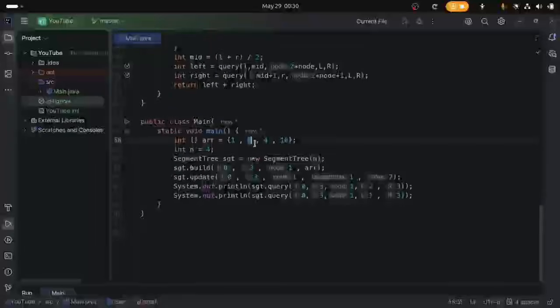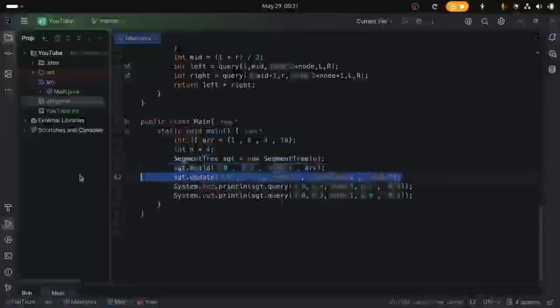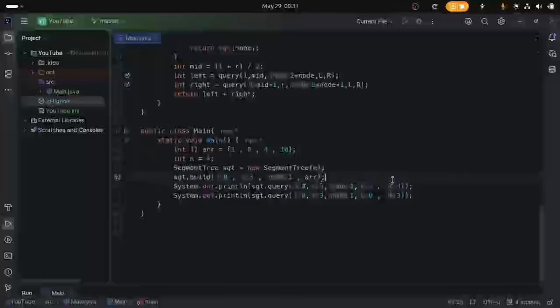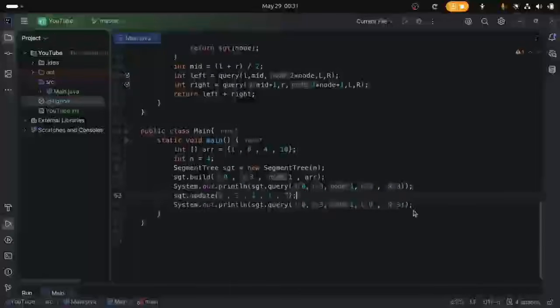Fine. Now the minimum for 2 comma 3 should be 4, and for this it should also be 4. Instead of 2 comma 3, let's do 0 comma 3. Or let's do one thing: remove this update line. Let's find an update for 2, 3. Put this line over here, and instead of 7 I will put -7.